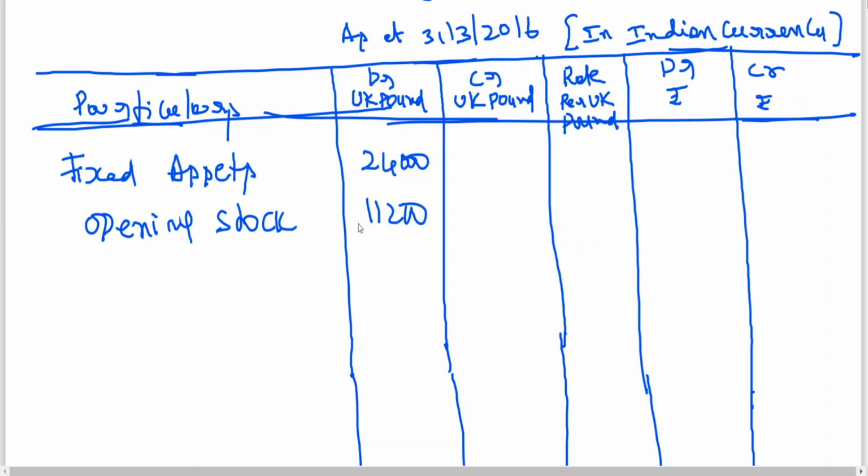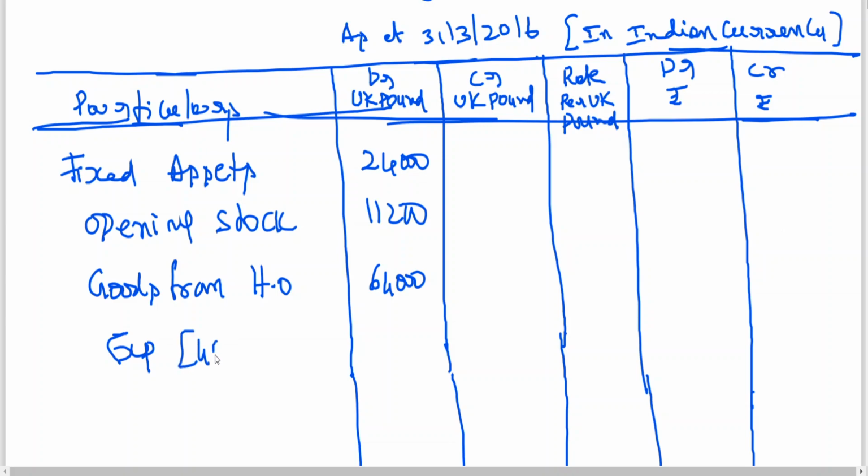Goods from head office 64,000. Expenses: these expenses I need to change now. 4,800 plus 400 outstanding minus 200, because he is asking us to incorporate. So expenses 4,800 plus 400 minus 200 is coming to 5,000.